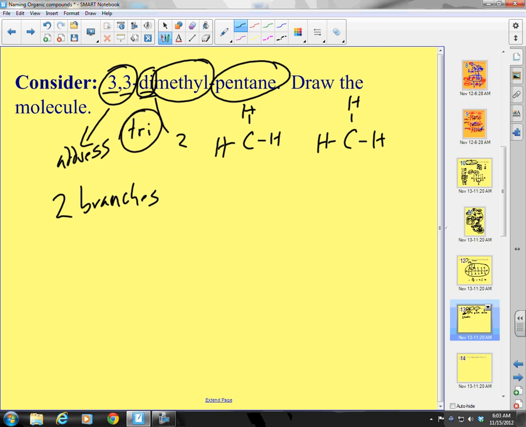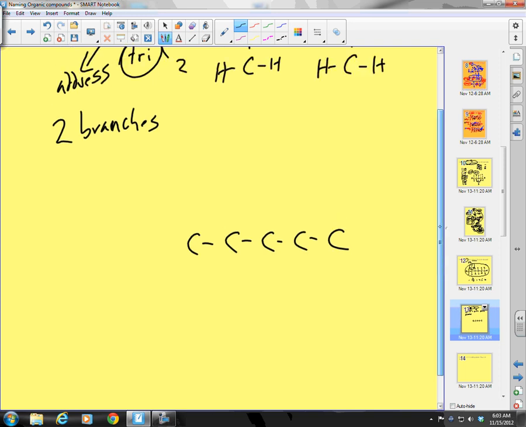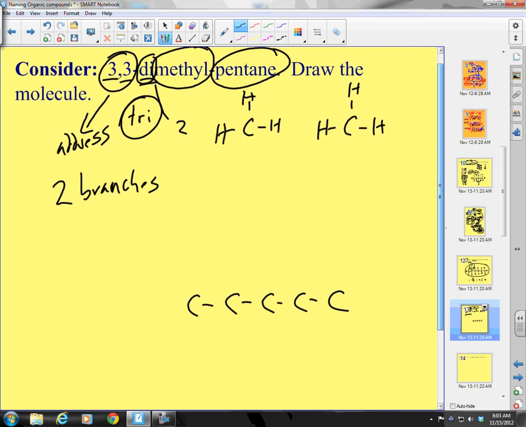So here we go. Let's draw our pentane. 1, 2, 3, 4, 5. I'm going to have to extend my page here. It is 3,3-dimethyl. Dimethyl means I have 2 methyls on the third carbon.